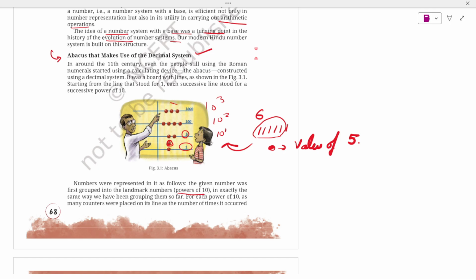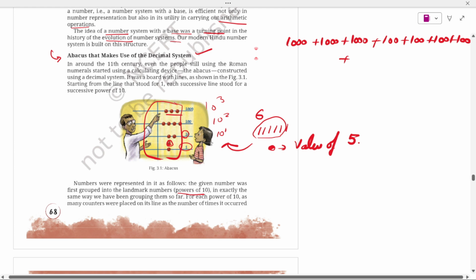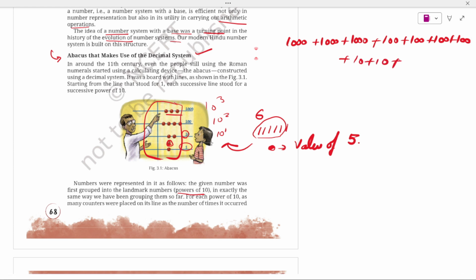So what is this number now? See, this number is 1000; thousands are here. Yes, 400s are here. So 100, 100, then two tens are here. 10. Then what is this?